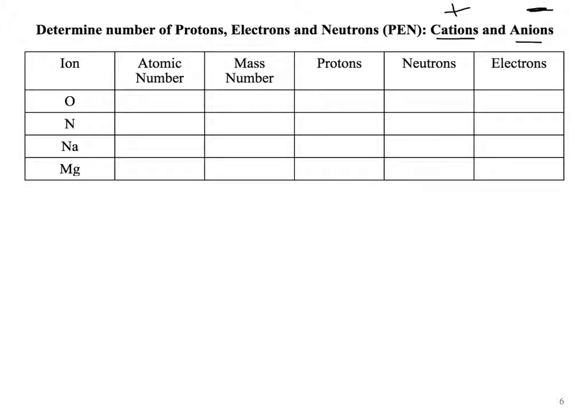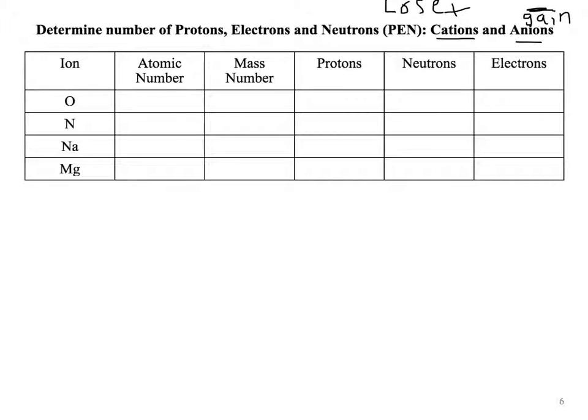Positive means you're losing electrons. Negative means you are gaining. It's just opposite from math. Cations is positive, you're losing electrons. Anions is negative, you're gaining electrons.